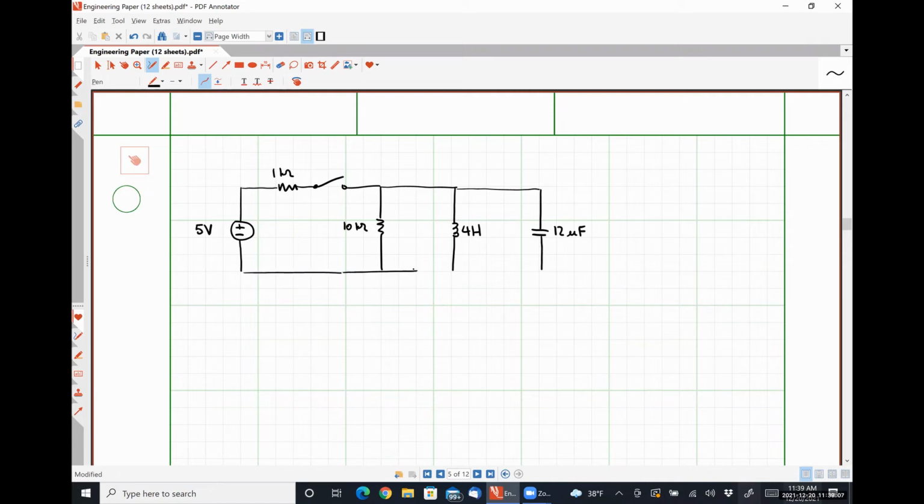All right, and now a critical question. Does our switch open at t equals 0 or close at t equals 0? Open? All right. Okay. So we are going to analyze this circuit and we're going to walk through the steps.